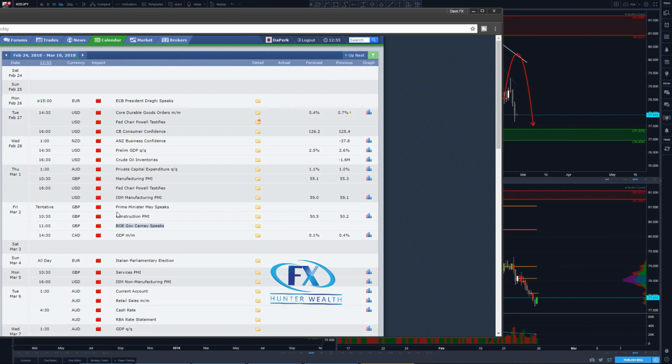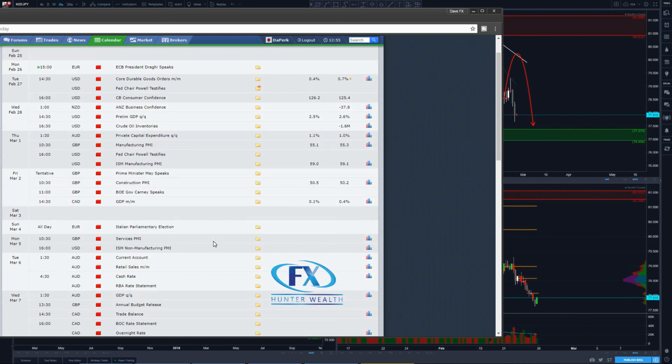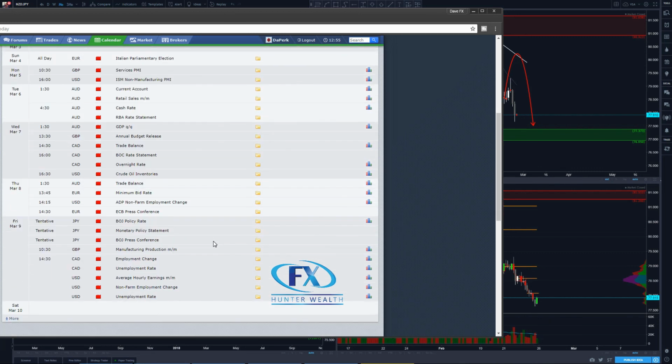So Friday will be a lot about the pound, and the following week, the next one, is even much more exciting. The non-farm payrolls, which are mostly on the first Friday of every new month, are moved to Friday the 9th of March. So there will be a lot about the dollar, and the Canadian unemployment rates will be on Friday as well.